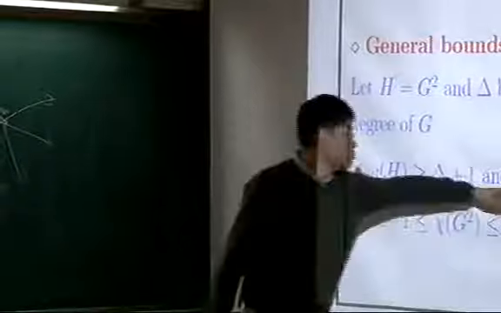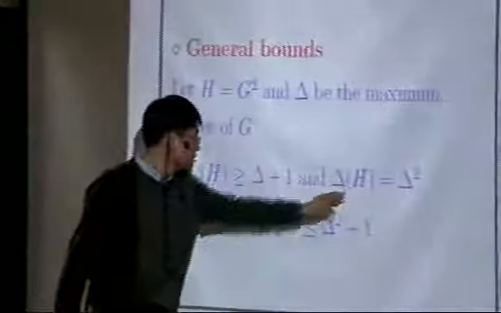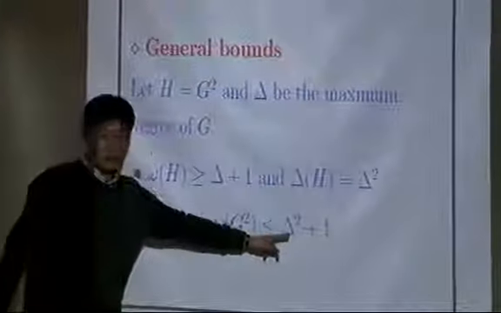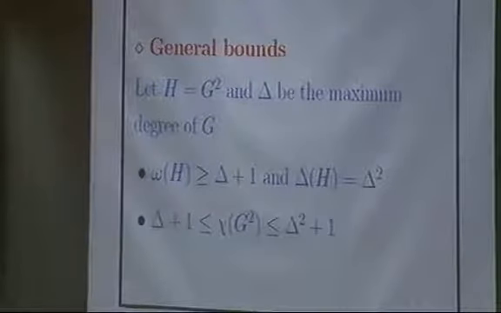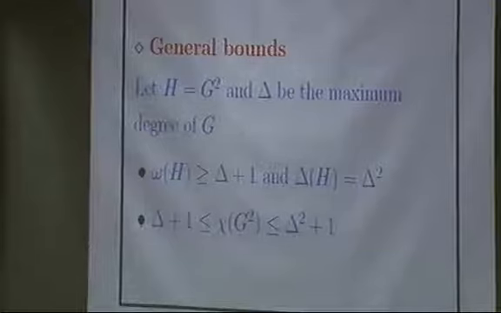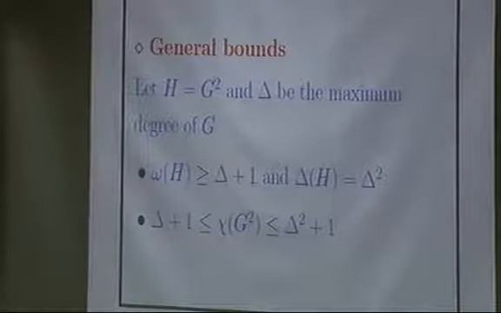And the upper bound is this, because delta squared is the number of second neighbors. I think my first slide had a mistake.